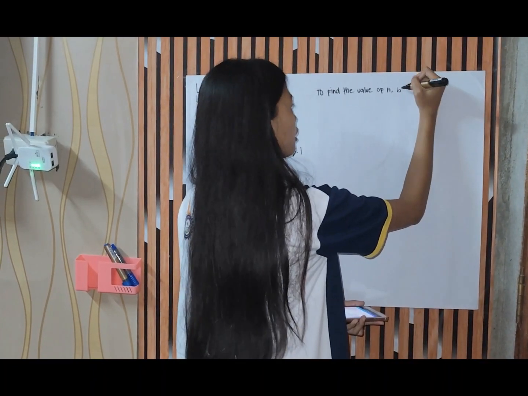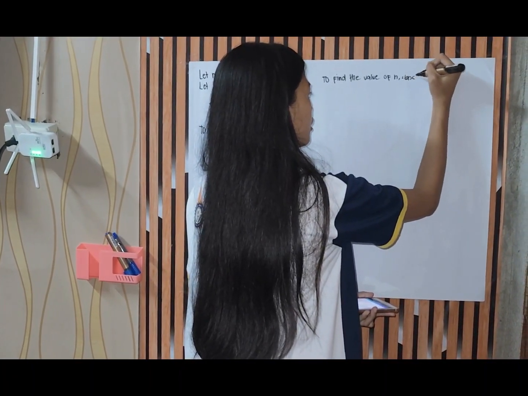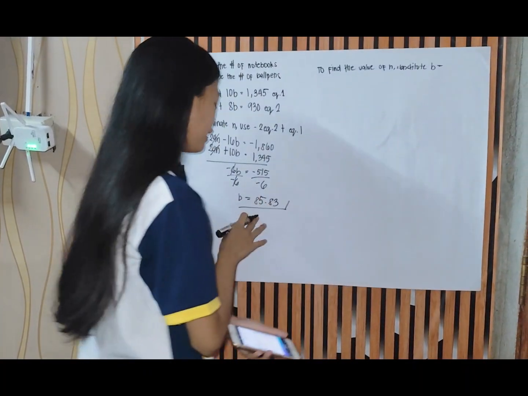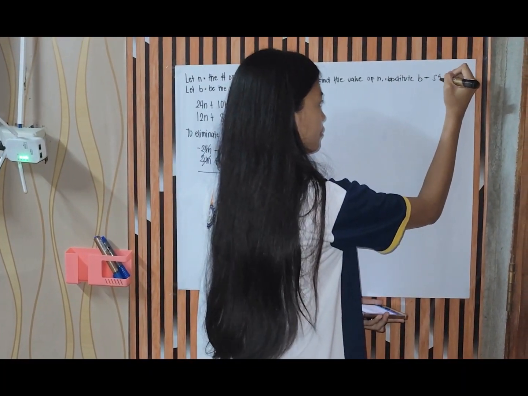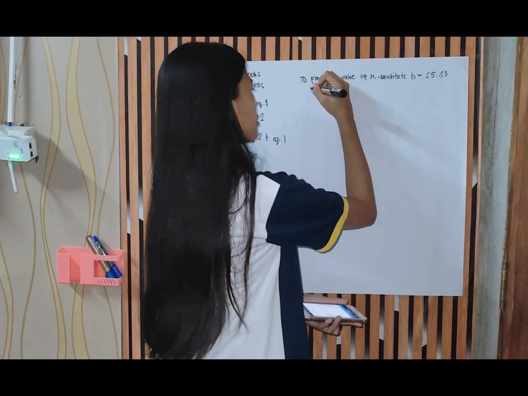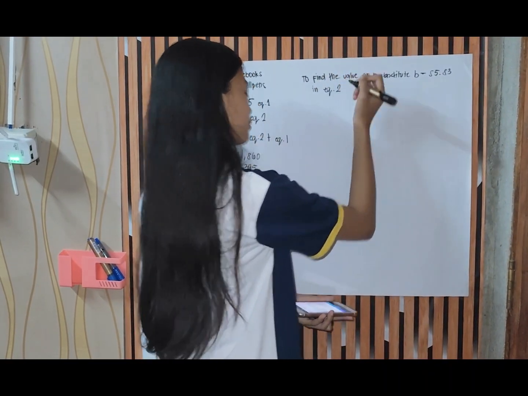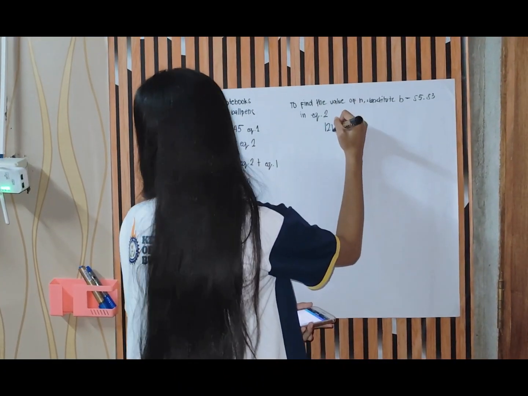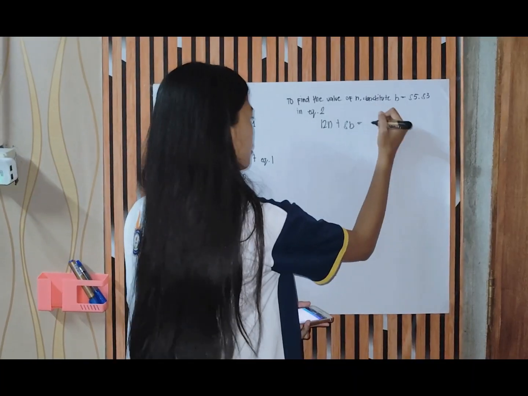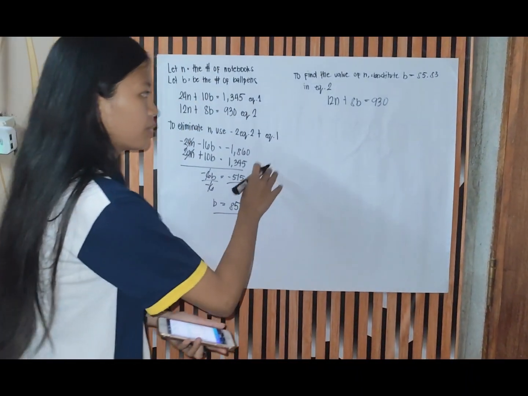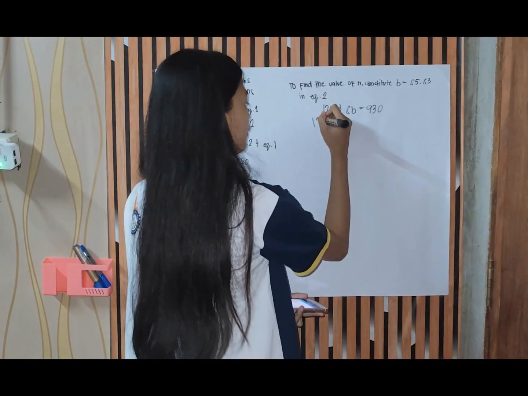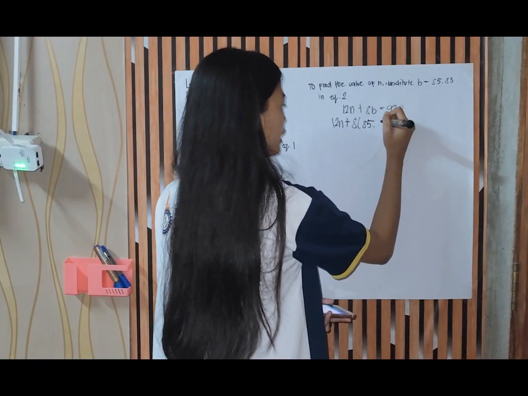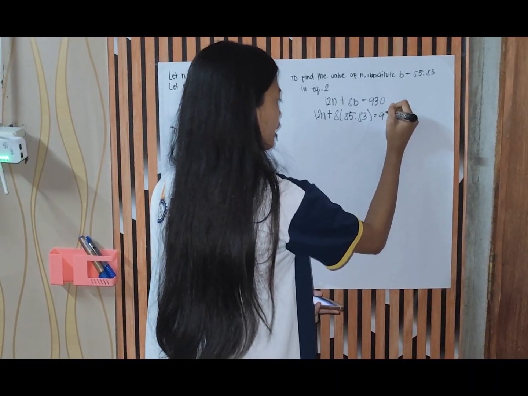Substitute b is equal to 85.83 in equation 2. So just copy equation 2: 12n plus 8b is equal to 930. Substitute the value of b: 12n plus 8 multiplied by 85.83 is equal to 930.